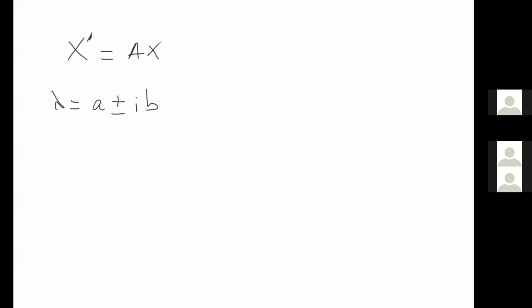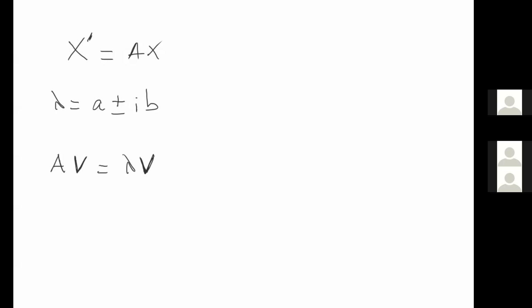Which means that we have, for an eigenvector v, A v equals lambda v. So what I'm going to do now is write the real and imaginary parts of those equations.